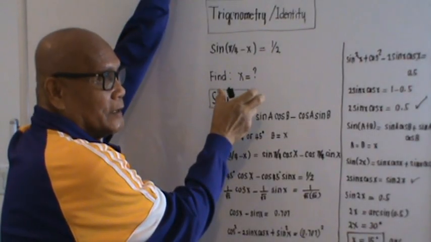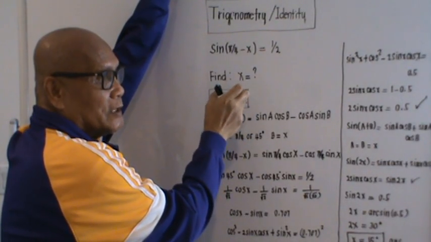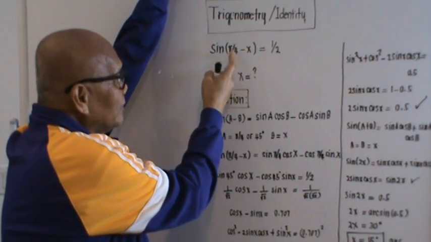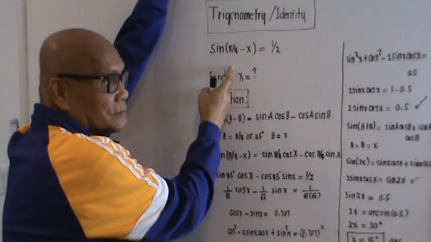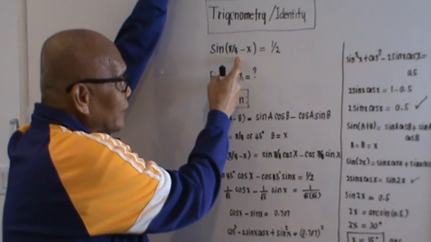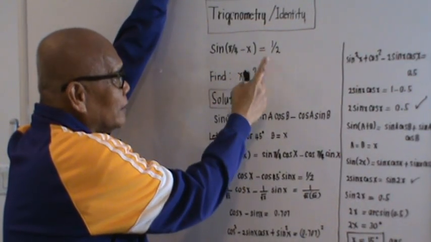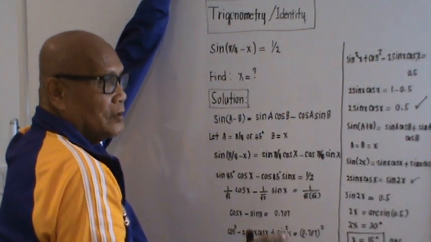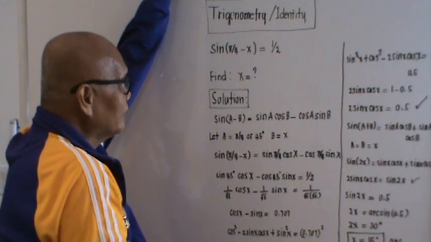We are given a trigonometric function: sine of the quantity pi over 4 minus x, closed quantity, and this should be equal to 1/2. The problem is asking what will be the value of x.